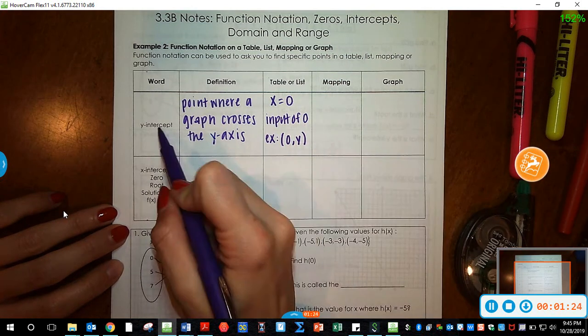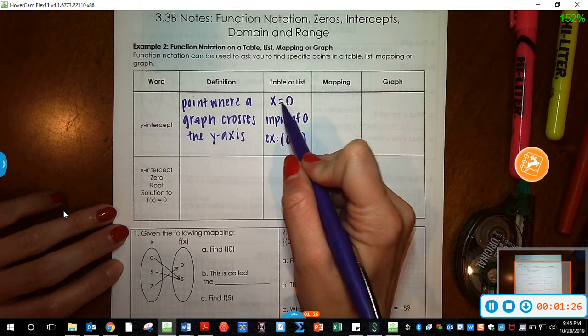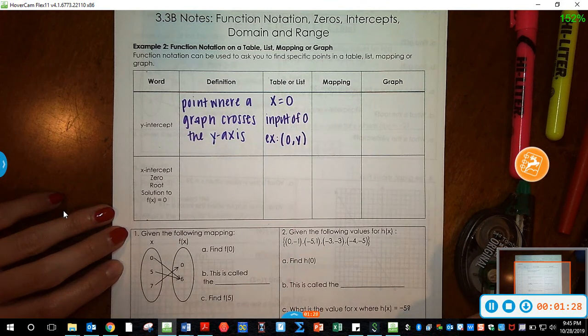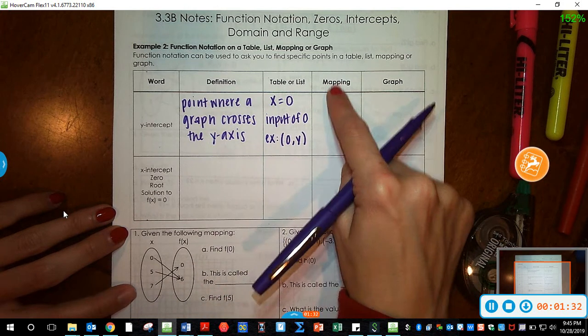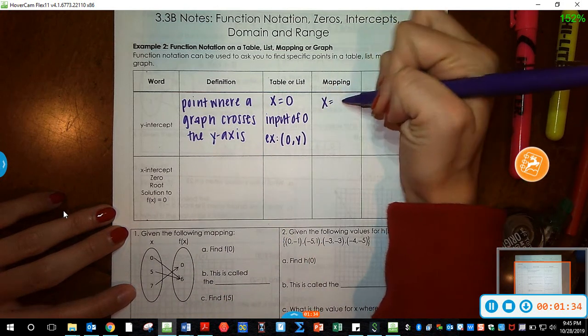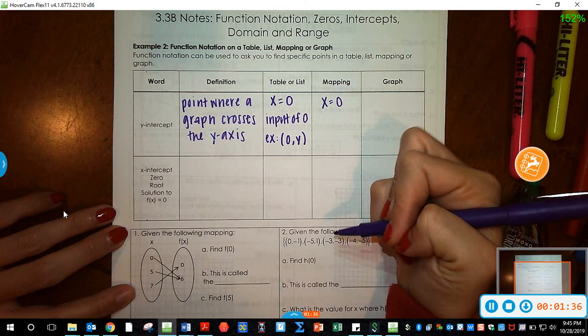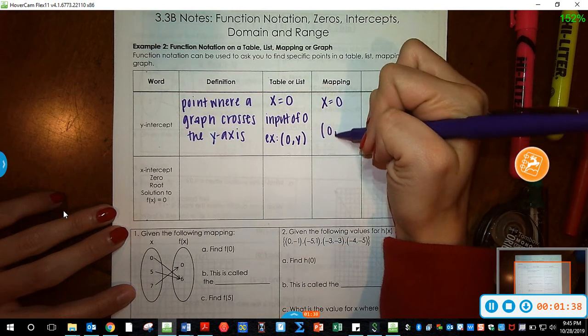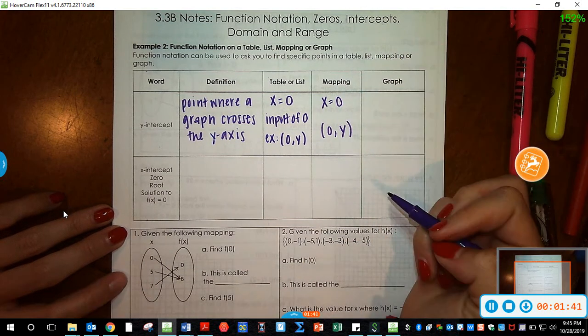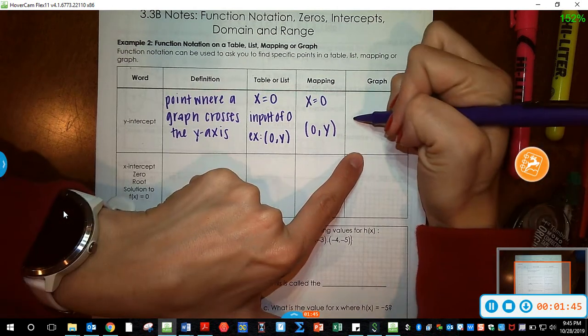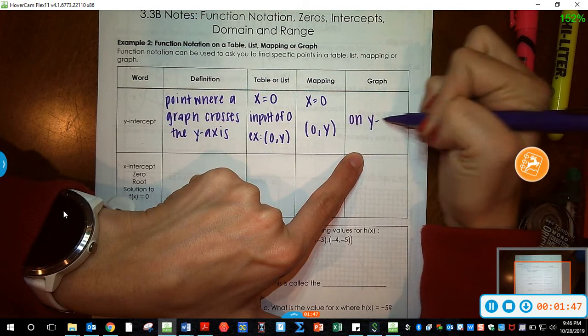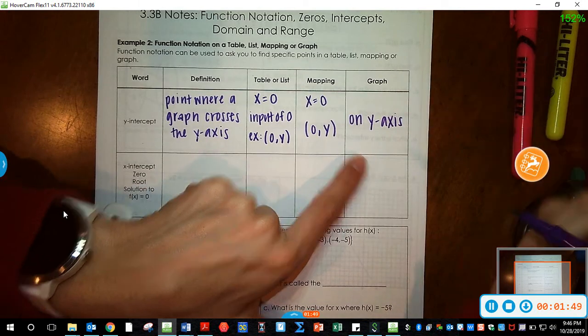So for the y-intercept, our x is always 0 when we look at our table, and when we look at our mapping, the x is always 0. When we look on a graph, it's going to be on the y-axis.